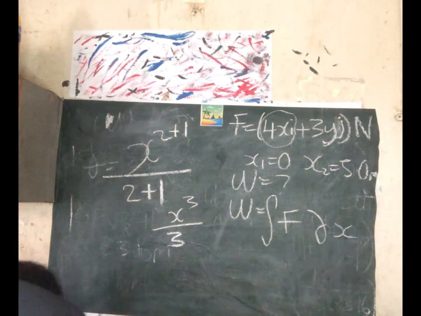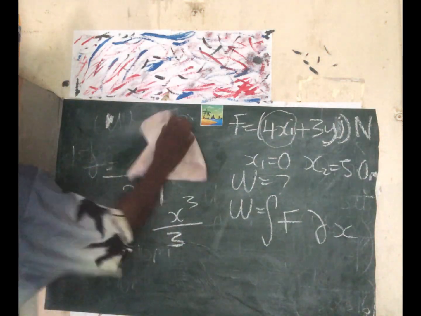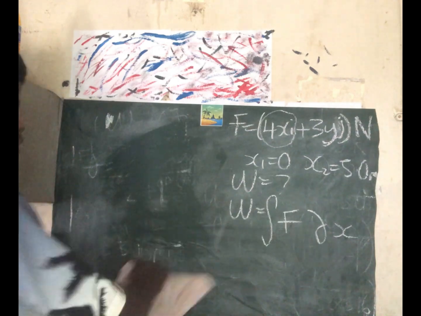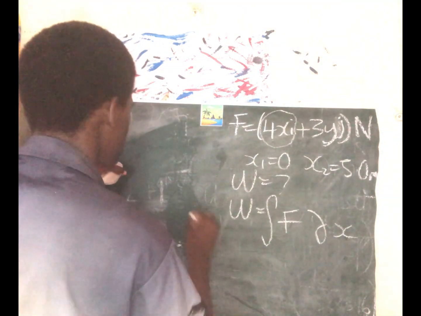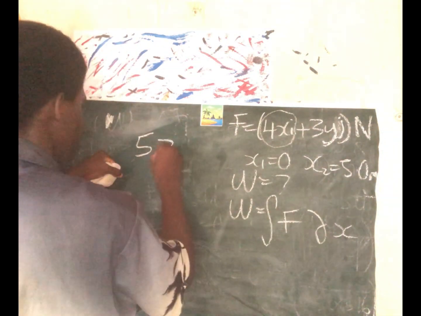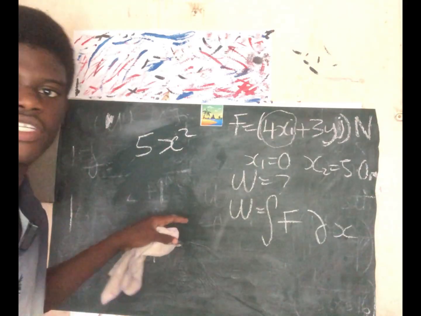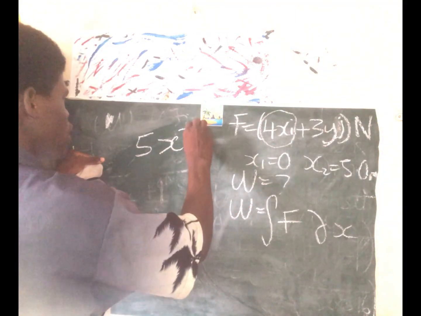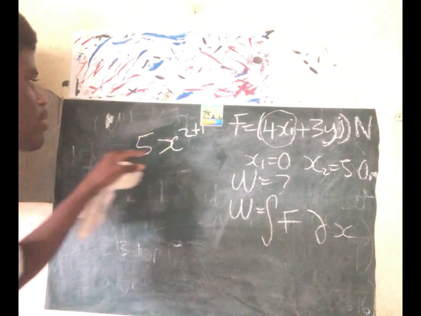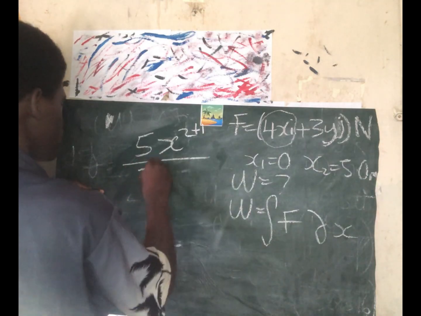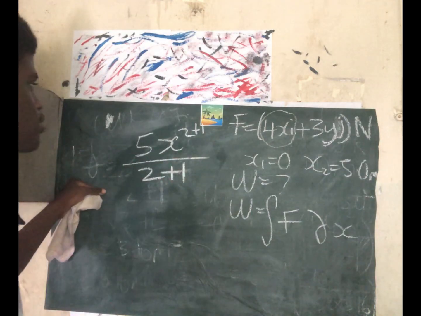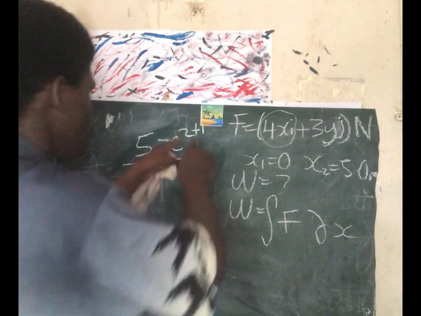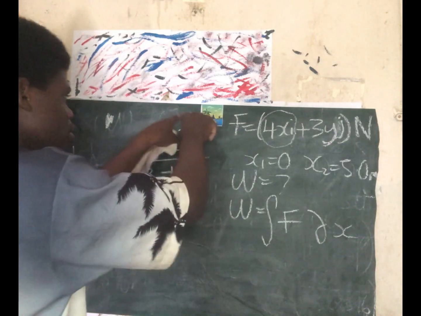Let me give you another example. Let's say we have 5x squared, and you should integrate 5x squared. What you do is add 1 to the exponent, and divide by 2 plus 1. All we are doing is adding 1 to the exponent and dividing by everything.